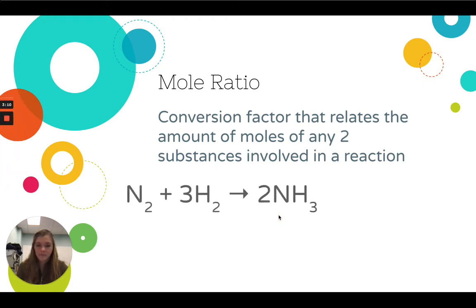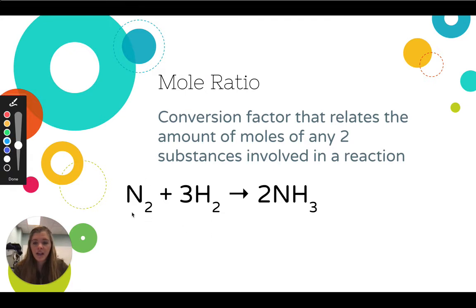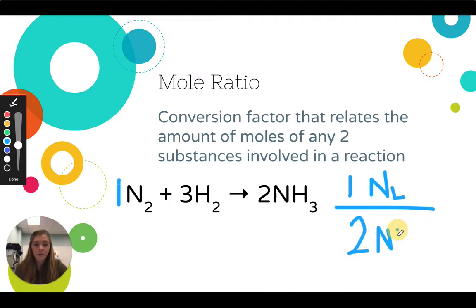So, if we have N2 plus 3H2 yields 2NH3, we can make several different mole ratios using this formula. So, if we have N2, 3H2, and 2NH3, one example of a conversion factor we could make is 1 N2, because notice there's a 1 here, is equivalent to 2 NH3.